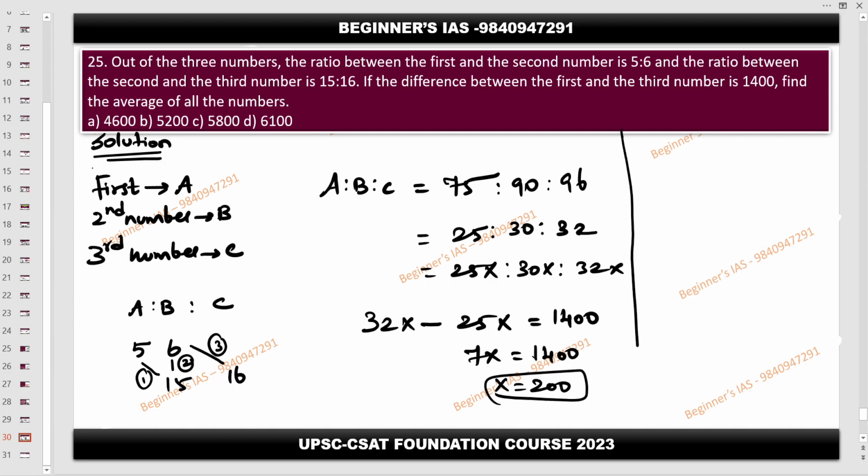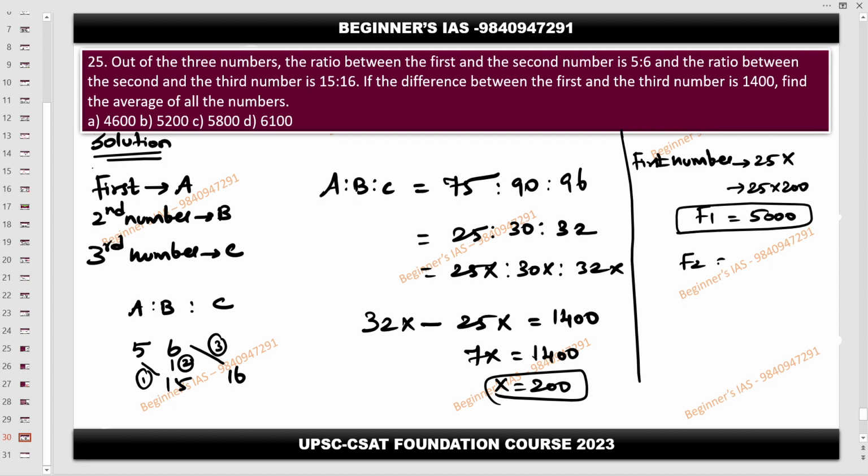Then the first number, therefore, first number is equal to 25x. Substitute here: 25 into 200, so first number F1 is equal to 5000.